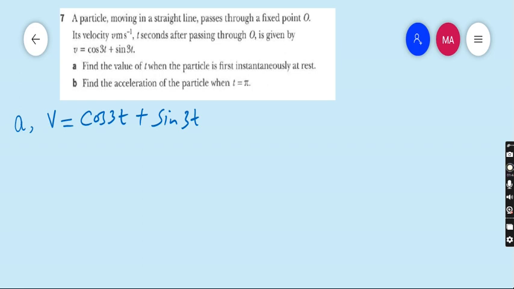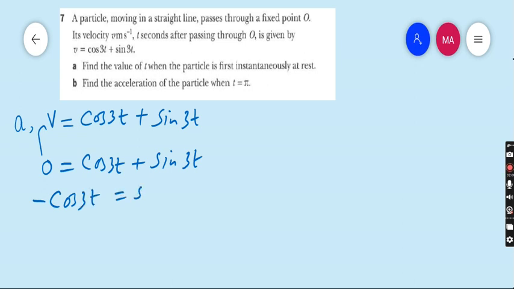Students, whenever the particle is instantaneously at rest, it means that its velocity is 0. So just replace v by 0: 0 = cos 3t + sin 3t. Then shift cos 3t over there, so minus cos 3t = sin 3t.